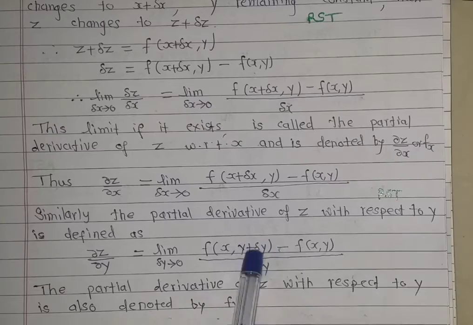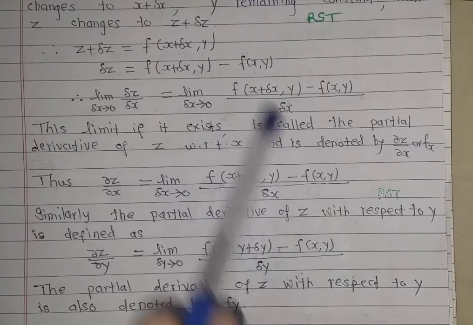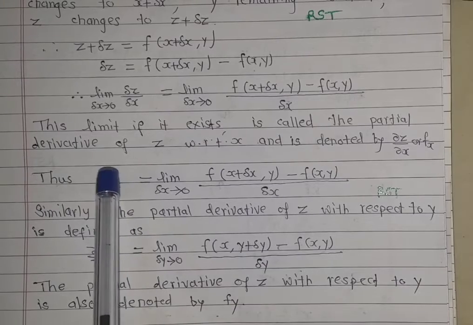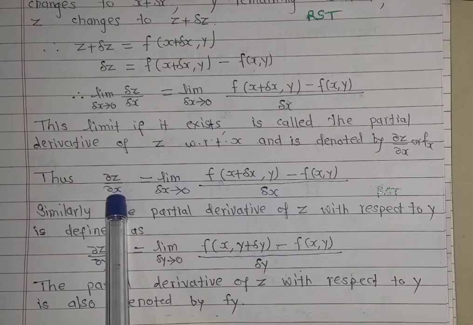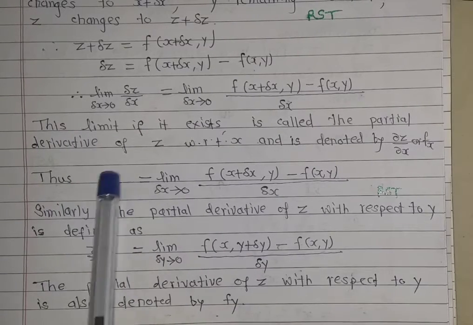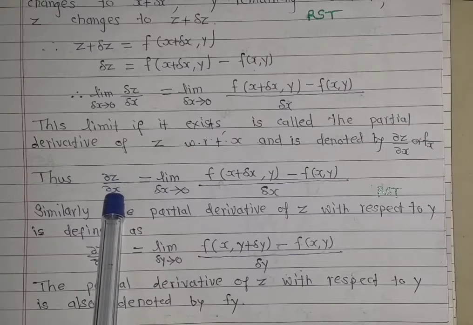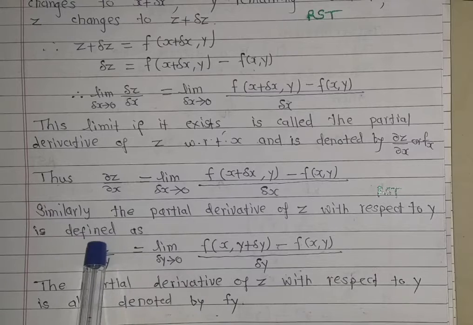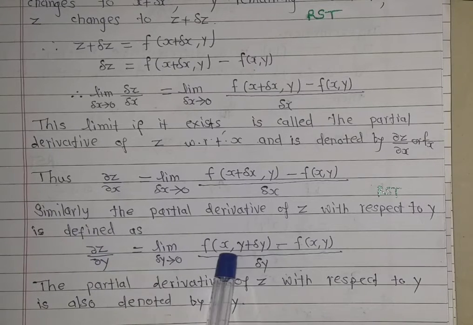There is change only in y. That means we have studied that delta z by delta x means the partial derivative of z with respect to x, where y remains constant, and the partial derivative of z with respect to y, where x remains constant.